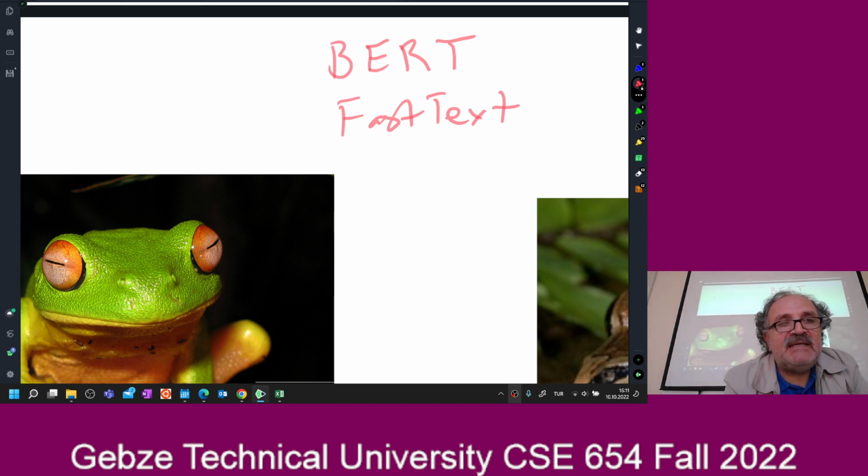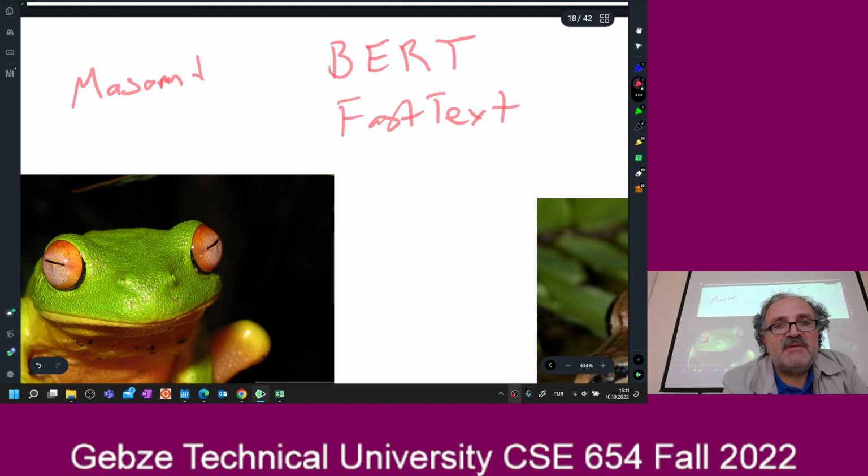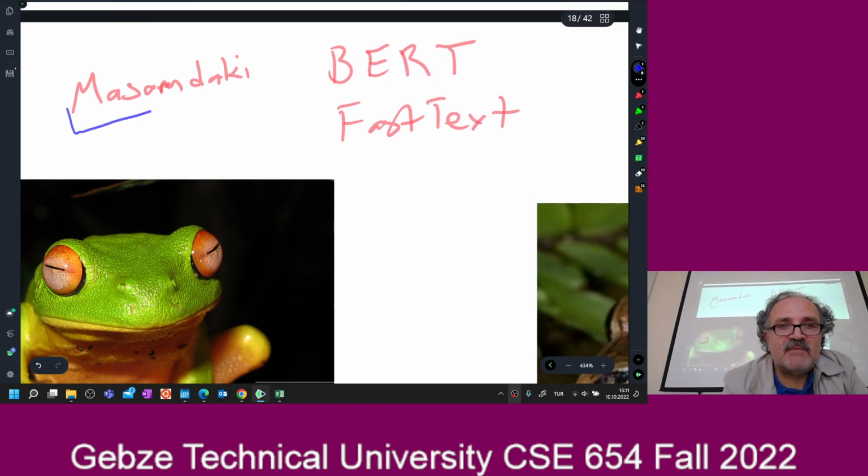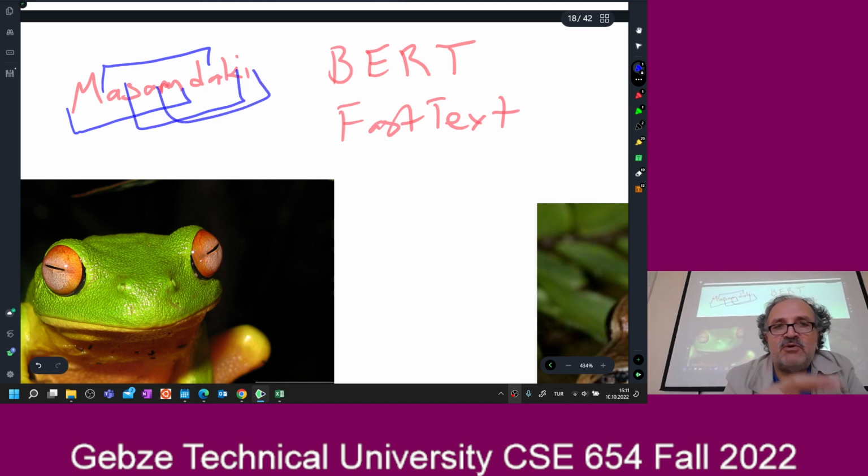When I say masamdaki, it says that I am going to assign a vector to this word masam, then this word, then this word, so overlapping subwords, and I am going to assign vectors to that.